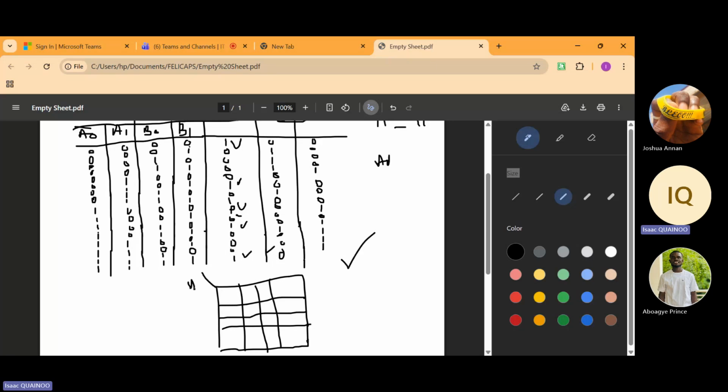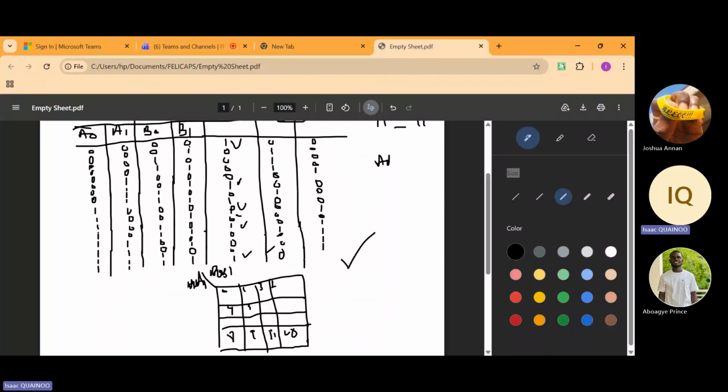So you have your A0, A1 here. Then you have your B0, B1. Okay. So here is going to be cell 0. Here will be cell 1. Here will be cell 3, cell 2, cell 4, 5, 7, 6. Then you have your 8, 9, 11, 10.